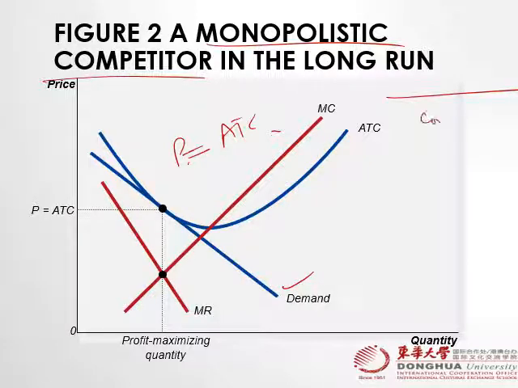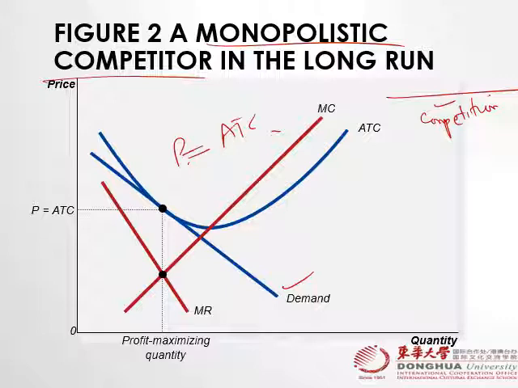So that is a competition price line, right? In that case, the analysis is a little bit different than what we just discussed in our previous slide. So the long run analysis is a little bit different.